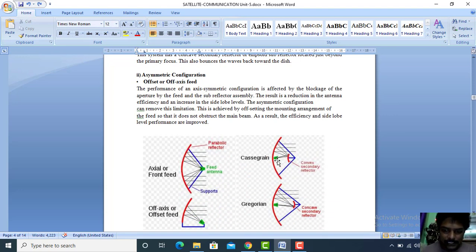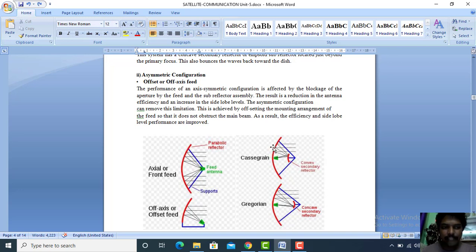The signals are transmitted to the convex secondary reflector, which is shown as a red line. The small convex red line shows that the signals are given from the antenna to that convex reflector, and from there to the parabolic major reflector that you have.